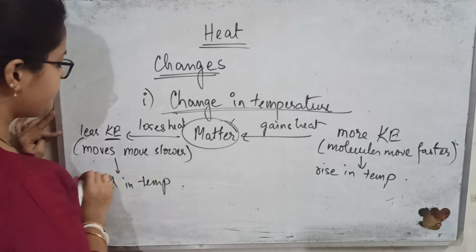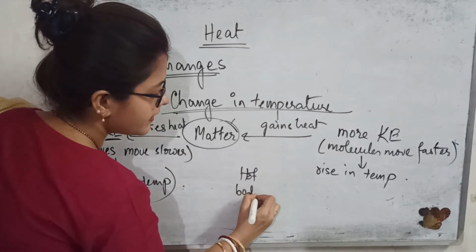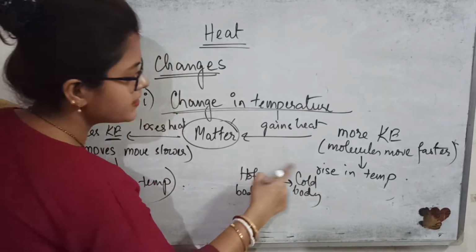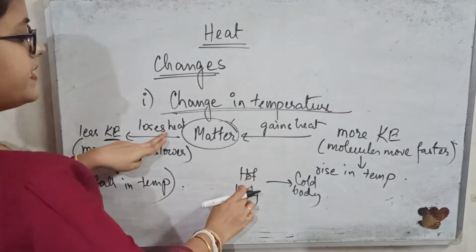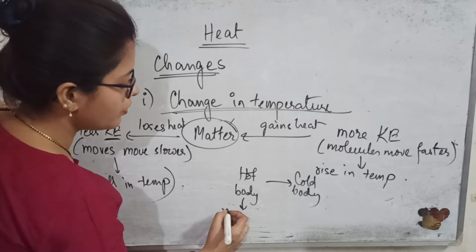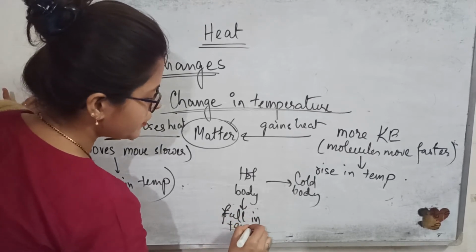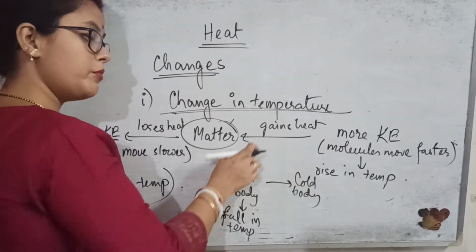So that is why when a hot body and a cold body are kept in contact, heat energy gets transferred. The hot body loses heat, so the hot body will show a fall in temperature, whereas the cold body receives heat because heat energy gets transferred from the hot body to the cold body.